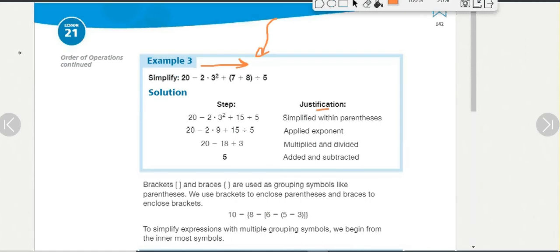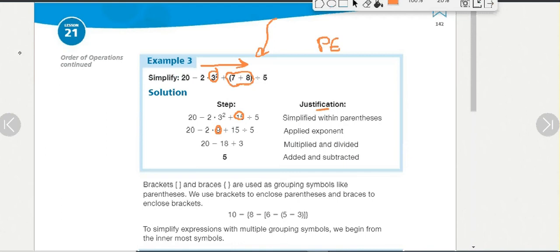Notice the justification beautifully written over here. Where do I start? PEMDAS says here. So they make that 9, right? Sorry. PEMDAS says here, excuse me, make that 15. Then go here, which is 9. Then multiply, divide, left to right.